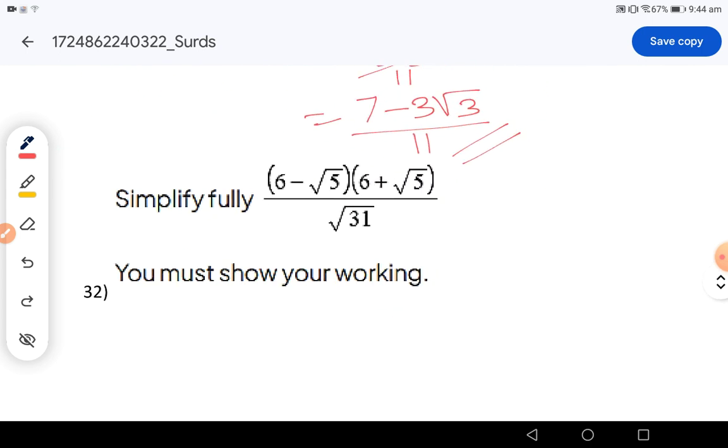Simplify 6 minus root 5, 6 plus root 5 by root 31. So this is the a square minus b square form. So can write 6 squared, 36, minus 5 by root 31.